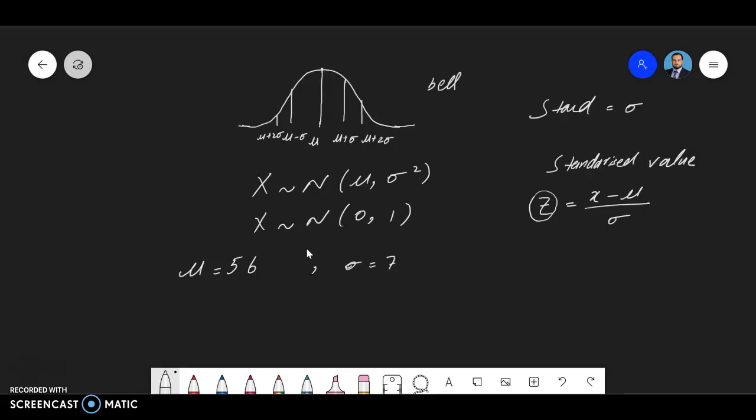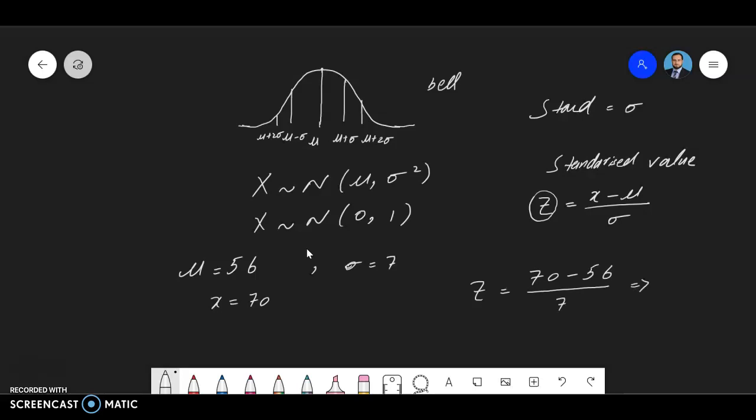Let's say we have the value of x as 70 and we want to convert it into a standardized value. So z is equal to 70 minus 56 over the standard deviation, which is 7.